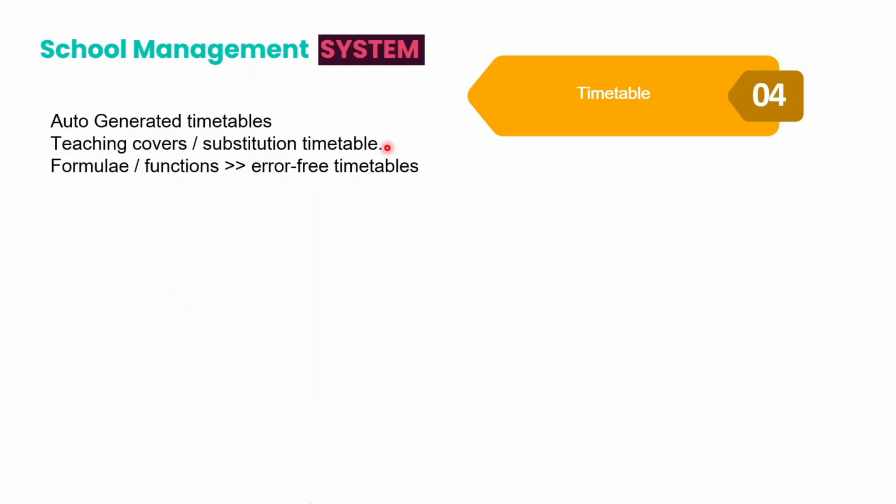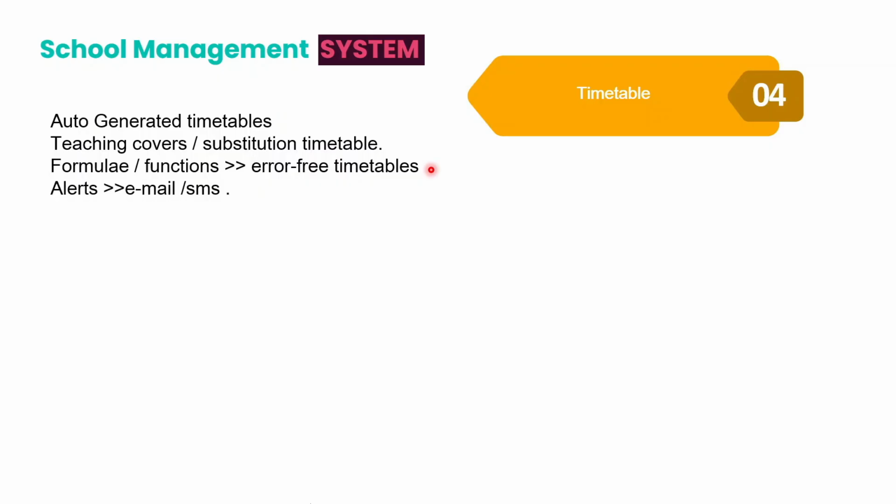Simply, we will input some important information into the system, which means we will need some formulae, some functions to generate error-free timetables. When staff had to create similar timetables themselves, it often took several revisions before they could manage to create a proper one.